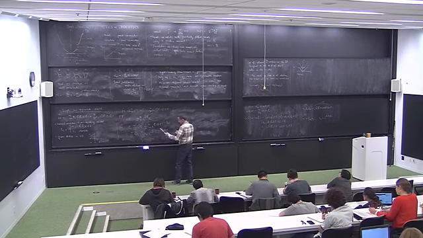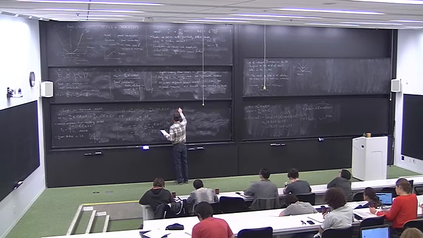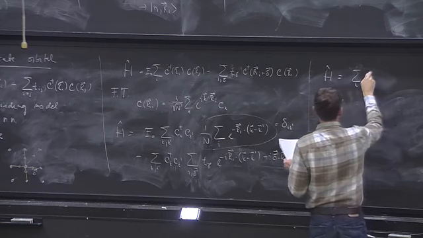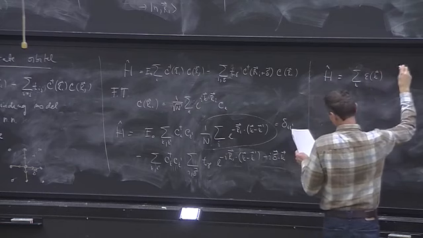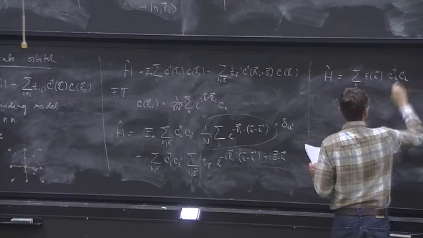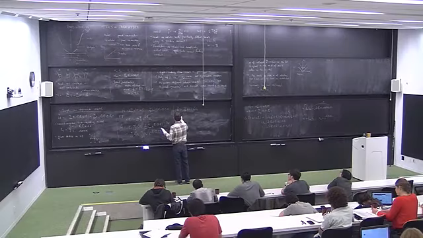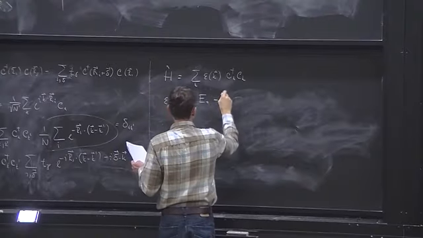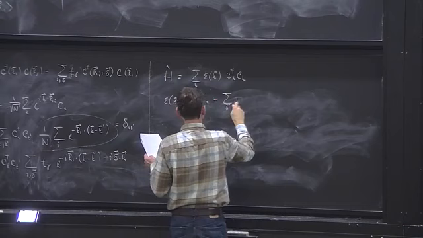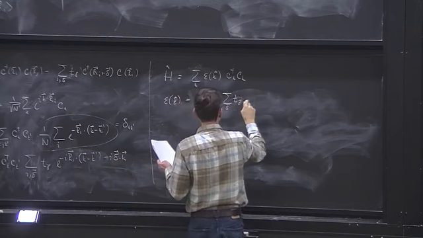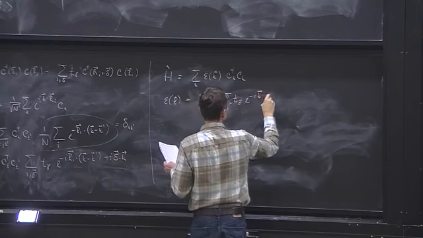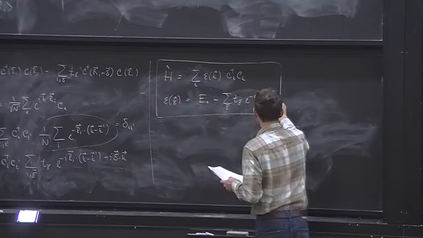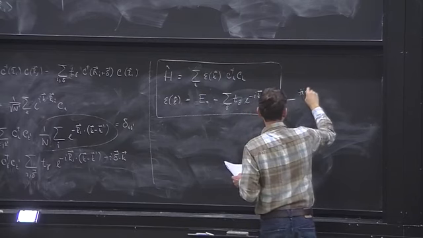And the result of this operation is that I have a Hamiltonian that is just a sum over a single wave vector, epsilon_k c dagger_k c_k, and this epsilon_k is E naught minus the sum over delta of t_delta e to the minus i k dot delta. This is what is called tight binding dispersion.